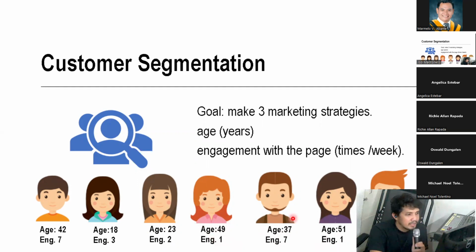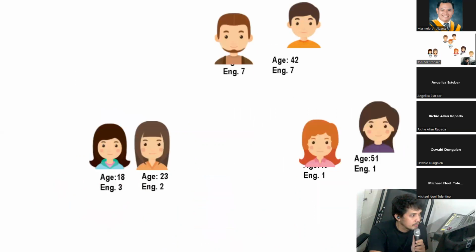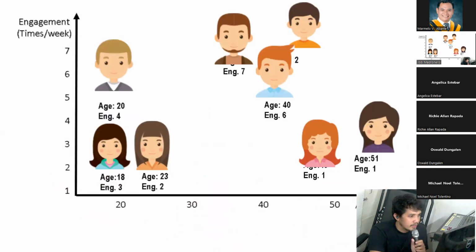We can take a while to come up with groups, but there's going to be an easier way to do this. Let's try to plot it like this. In the horizontal axis, we put the age, and in the vertical, we put the engagement to the page, and that's how to do clustering.